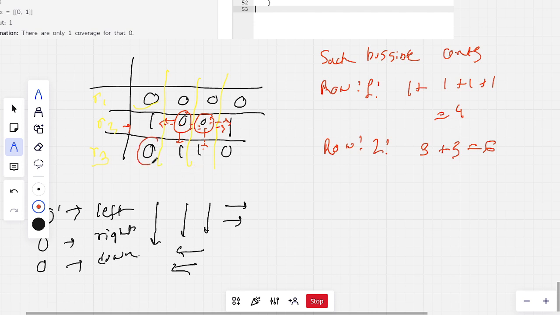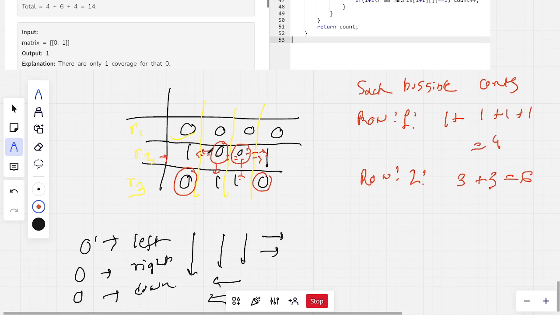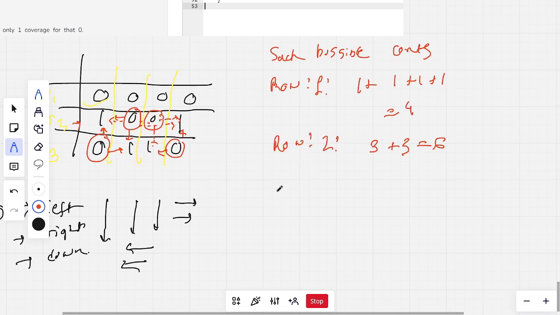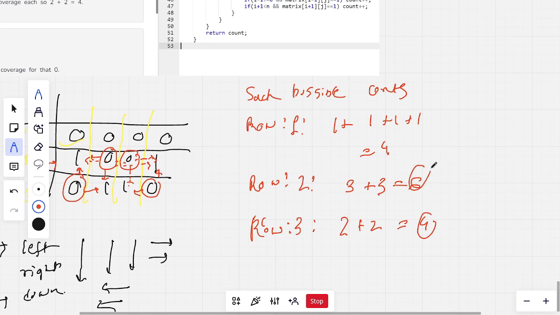And for this particular zero, how many ones are surrounding it? Okay, so if I check the third row, it has 1 over here, 2, 1, 2. So for this zero there is 1 and 2. For this zero, there is 1 and 2. So I can write for row number 3, the total number of such counts surrounding ones will be 2 plus 2 equals 4.